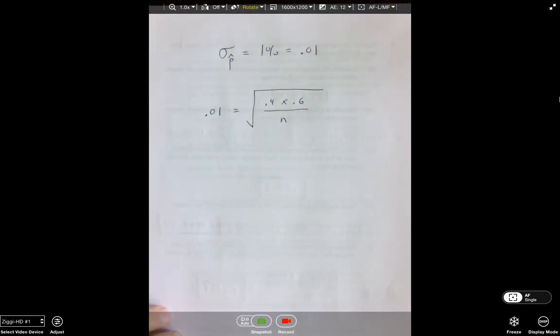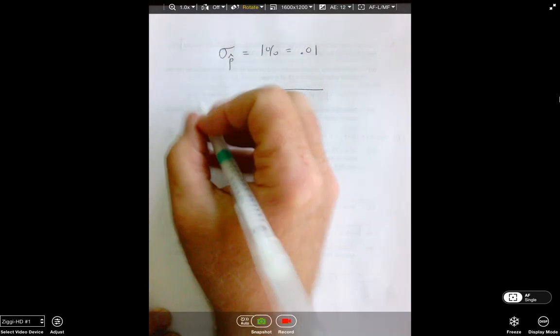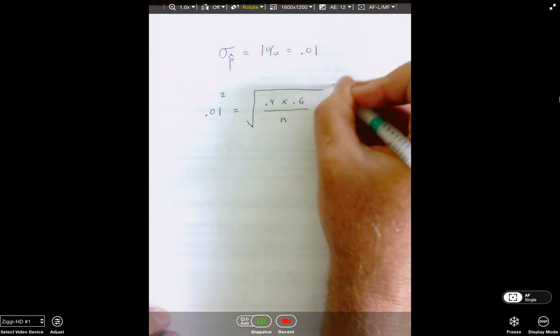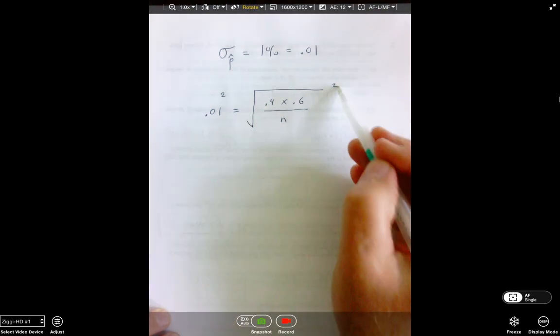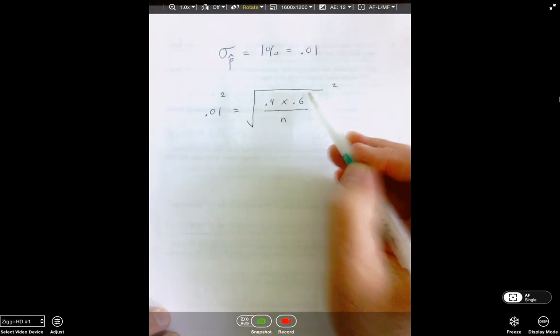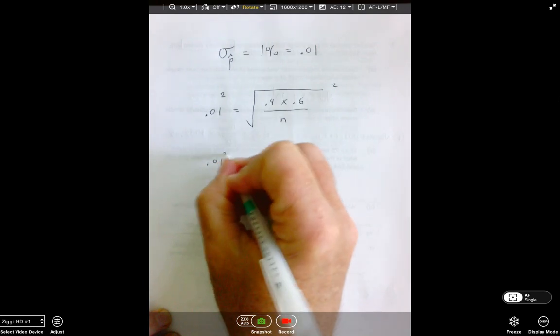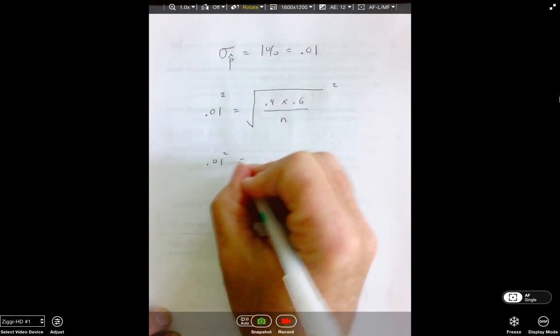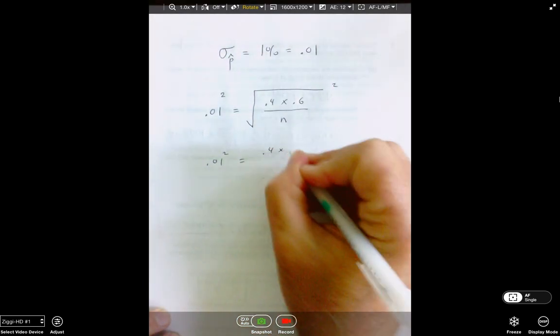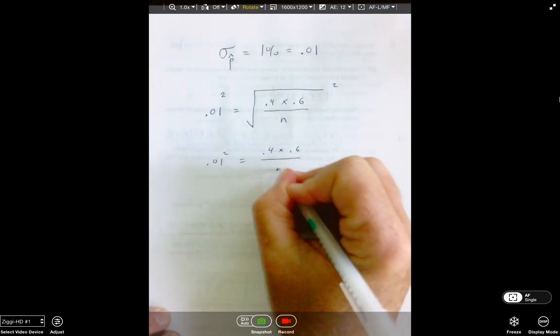We don't know what sample size creates that. That's what we're trying to find out. We're going to square both sides, which gets rid of the radical sign. On the left-hand side, we have 0.01 squared. On the right-hand side, we have 0.4 times 0.6 over n.